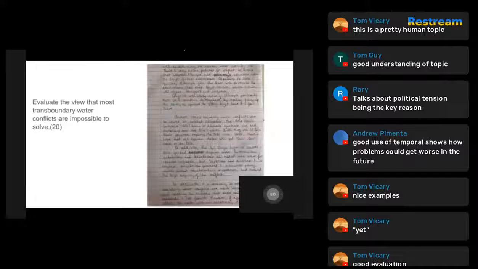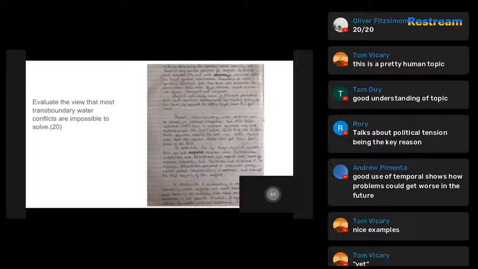So overall, remember that the examiner is not going to look at paragraphs alone or sentences alone. They're going to look at the whole answer from start to finish. How well does it flow? What is the contextualization of what they're saying? At the end of each paragraph, are they referring back to the question itself?